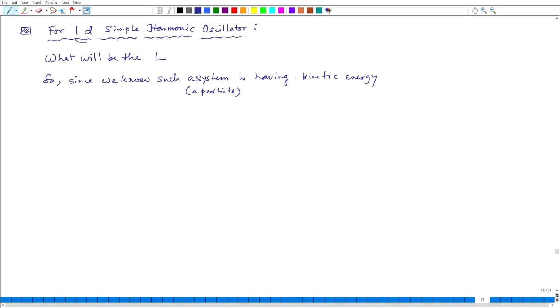It is in 1D. So, the kinetic energy is equal to half m x dot square, which I can call T, and the potential energy, which is V, is equal to half k x square.